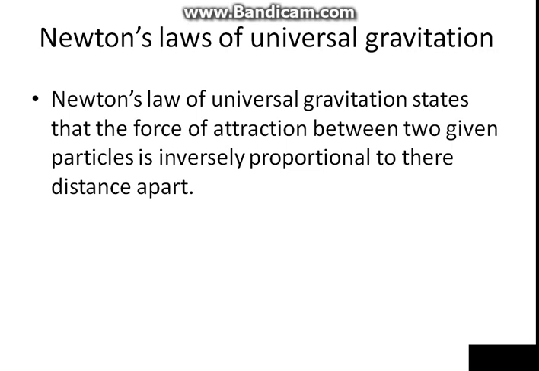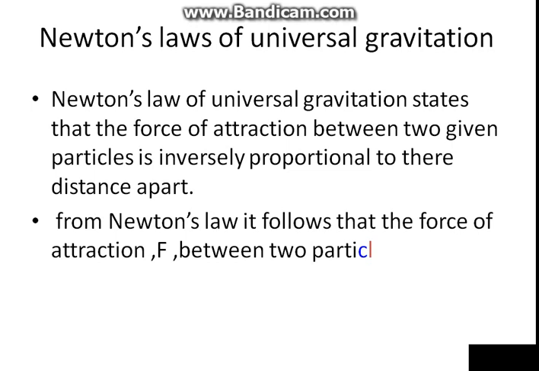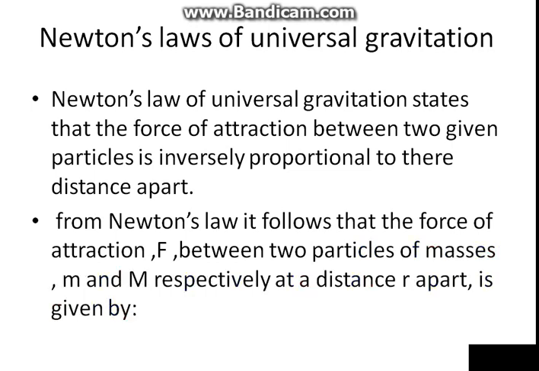Newton's law of universal gravitation states that the force of attraction between two given particles is inversely proportional to the square of their distance apart. From Newton's law, it follows that the force of attraction F between two particles of mass small m and capital M respectively at a distance r apart is given by F is proportional to small m times capital M all over r squared.